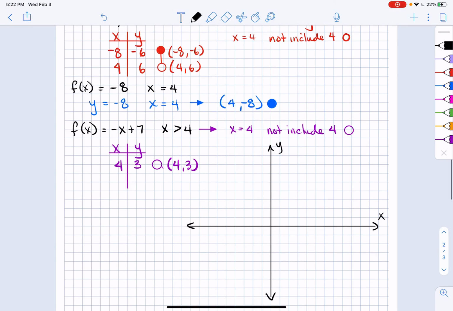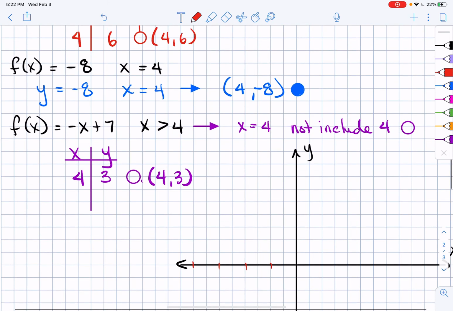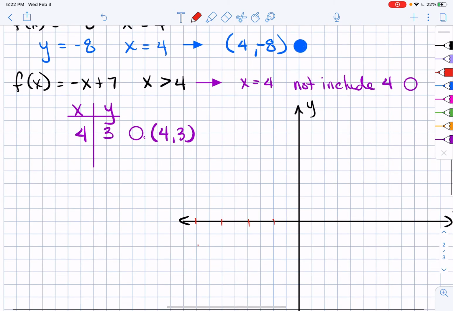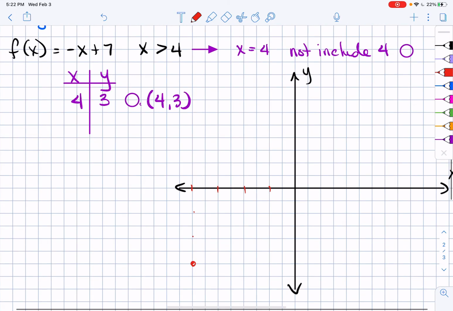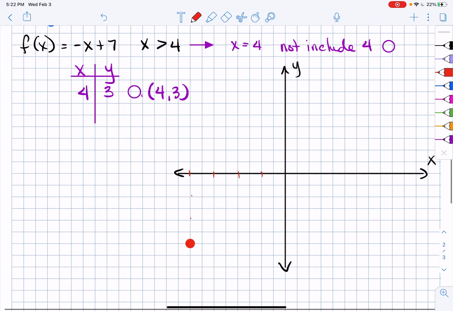So I have negative 8, 2, 4, 6, 8, negative 6, 2, 4, 6. So there's going to be a closed circle there. Let me actually erase that. I know exactly where that is. 2, 4, 6. And that's going to be filled. All right. So that's why I said, negative 8, negative 6, I have a closed circle.